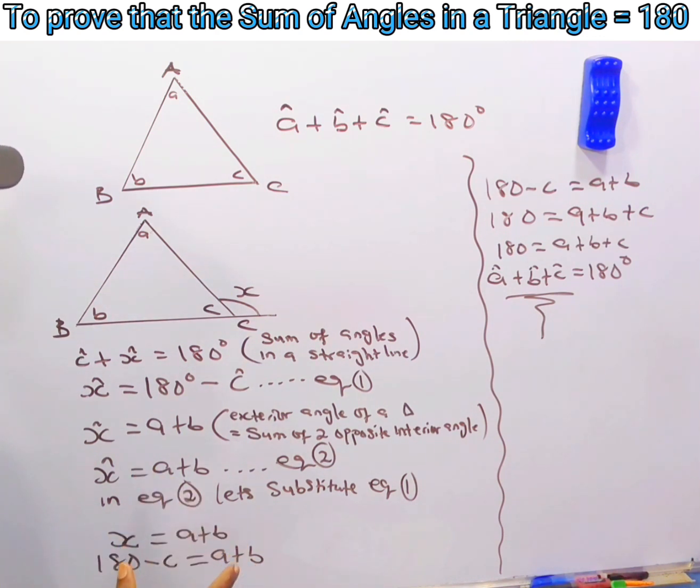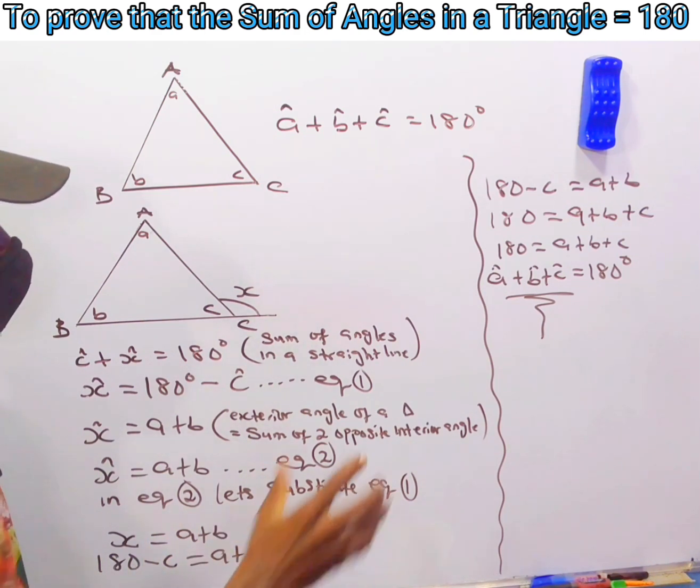Let's prove that the exterior angle of a triangle is equal to the sum of the two opposite interior angles.